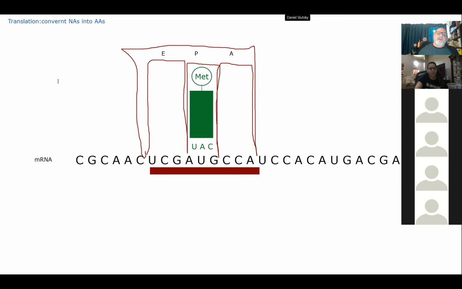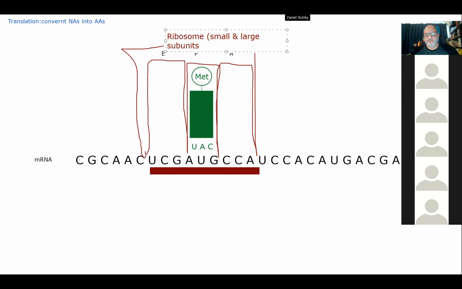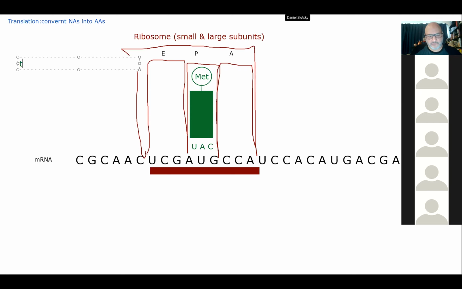The messenger RNA, our ribosome, both the large and the small subunit, and our transfer RNA, with the specific anti-codon, all come together.